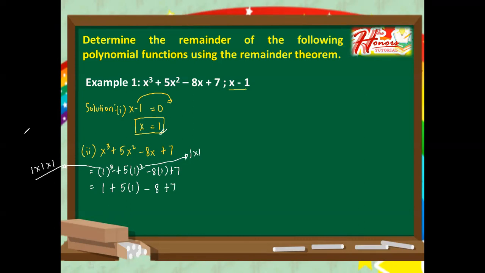And then let's continue solving. So we have here 1 plus 5 times 1, that's 5, minus 8, plus 7. Let's solve this from left to right.